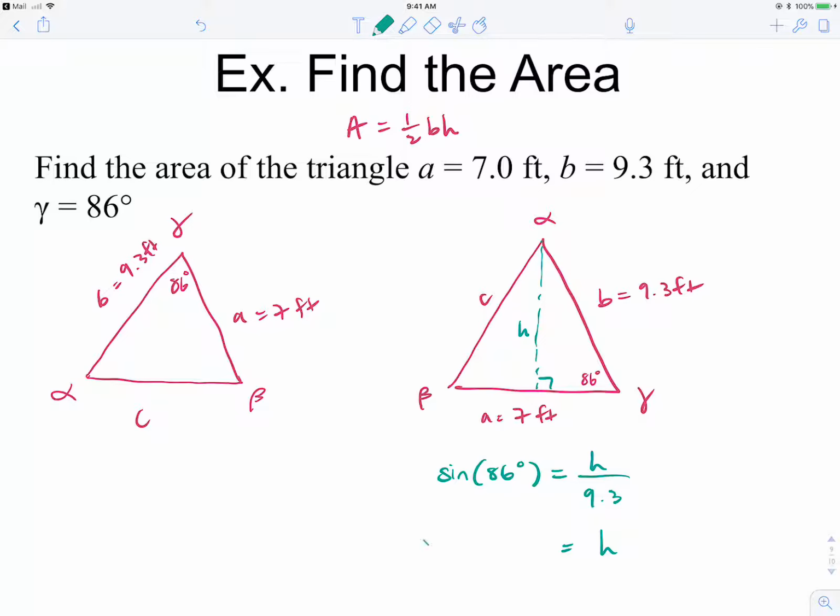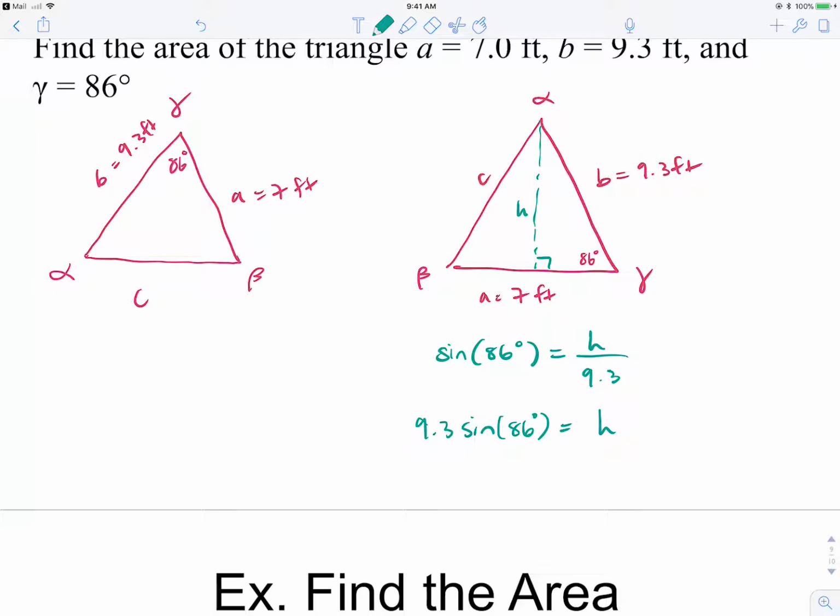So h equals 9.3 times sine of 86 degrees. Okay, therefore, the area of the triangle would be equal to 1/2 times the base, which we're using is 7, times 9.3 times sine of 86 degrees.